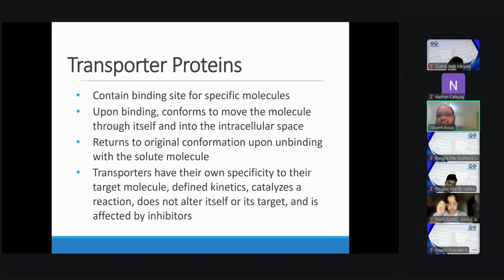They are proteins with their own specificity and defined kinetics, and they catalyze a reaction. Instead of changing a substrate to a product, they transport a molecule. They do not alter themselves or their target and are unaffected by inhibitors. Hence, they function in a sense like an enzyme.